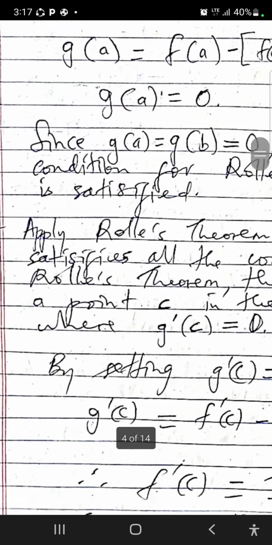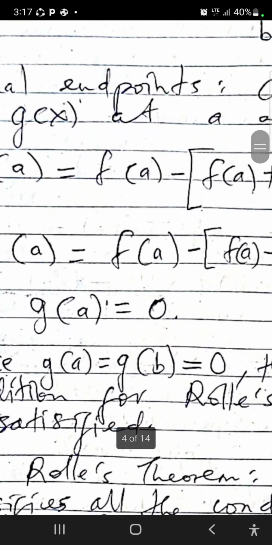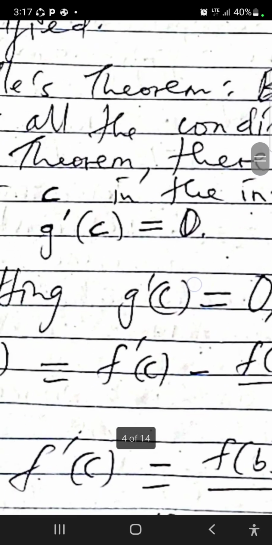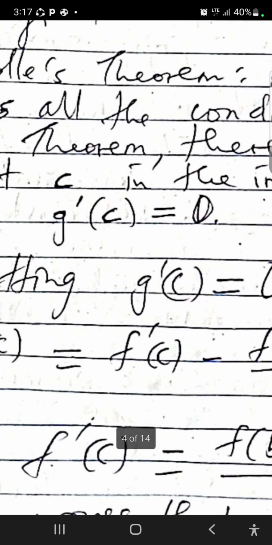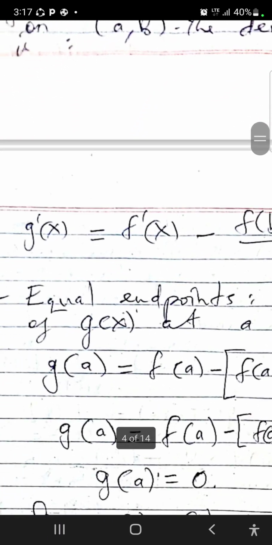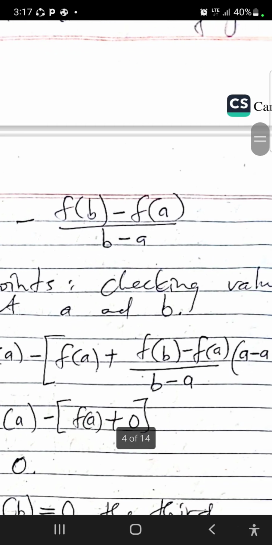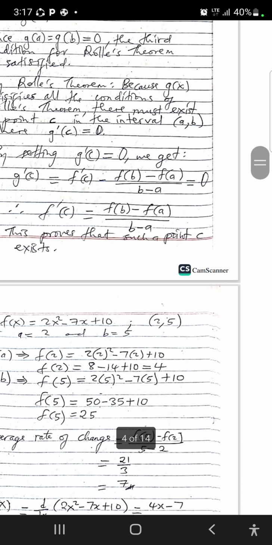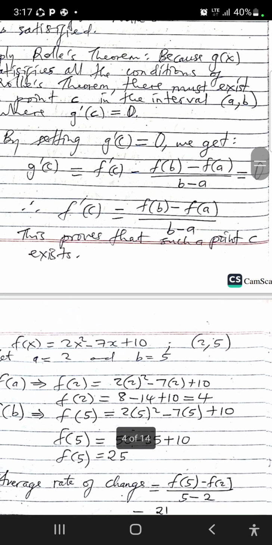We have been told that g prime of c is 0. So in our case, if we replace here g prime of c, we are getting a 0 for this value. So in short, replace c everywhere now. We replace c where there is x. So after doing that, we are coming here at this point. So this side there will be a 0.